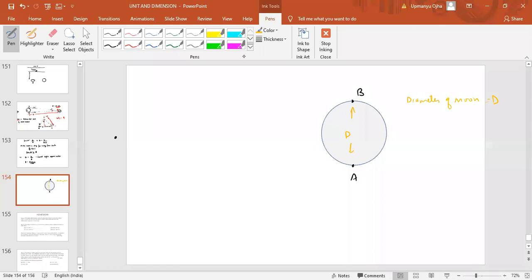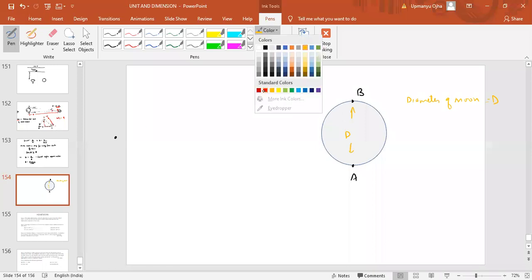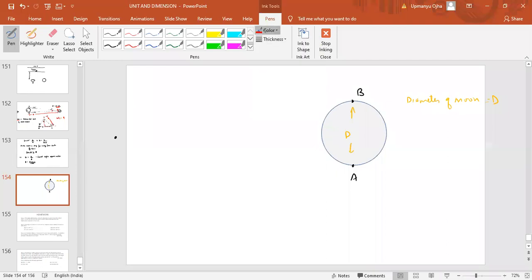Now to get this diameter, what we have to do? We have to observe point B and point C. So C is the point of observation from the Earth.